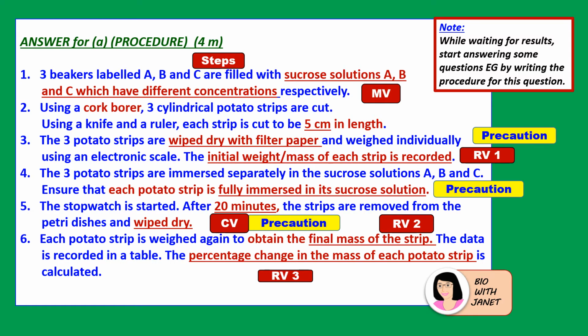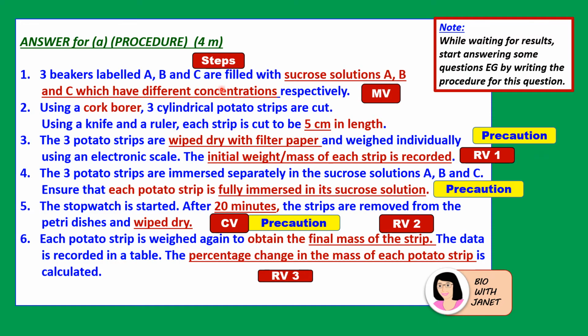Here's the answer for question A on the procedure. So 3 beakers labeled A, B, and C are filled with sucrose solutions A, B, and C, which have different concentrations respectively. Actually the solutions have been given to you in the respective beakers, and you do not need to transfer them anywhere else.